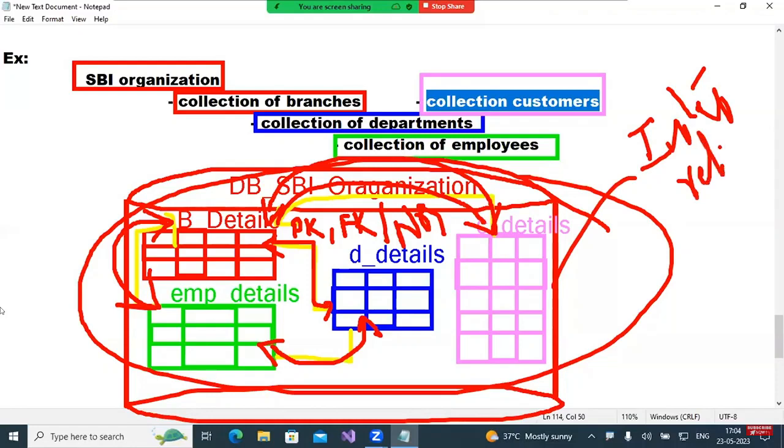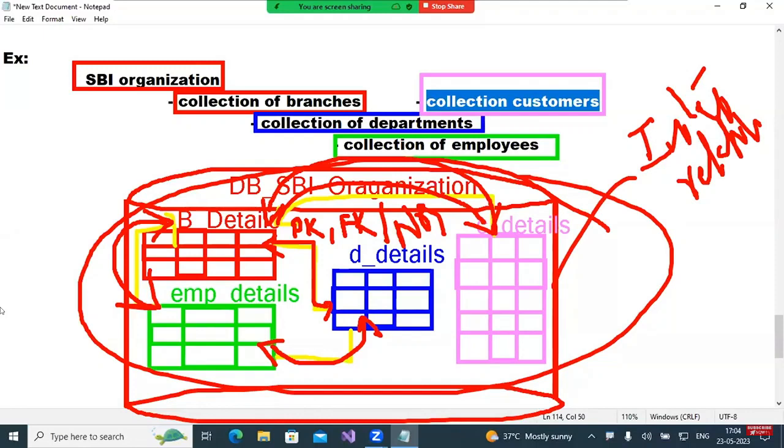interrelational data. What is meant by inter? Inter means depending on each other. I depend on you, you depend on me. It's called interrelationship. Got my point now?